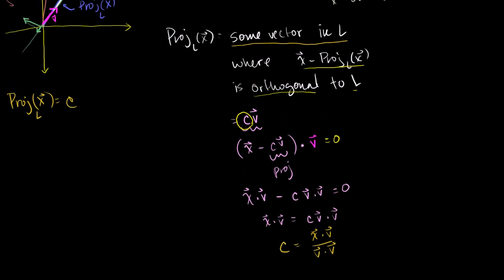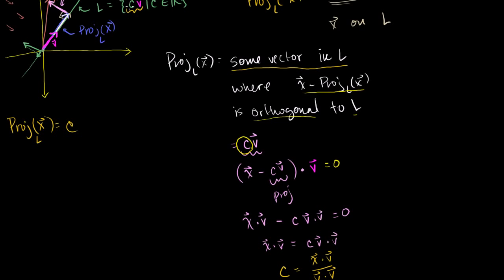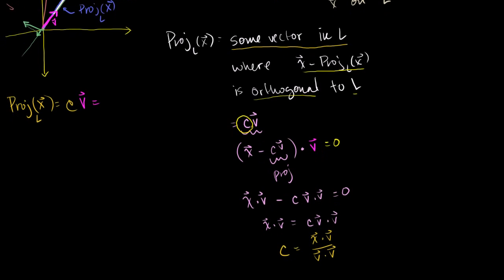We know it's in the line, so it's some scalar multiple of this defining vector v, and we just figured out what that scalar multiple is going to be. It is going to be x dot v over v dot v. And this, of course, is just going to be a number, right?